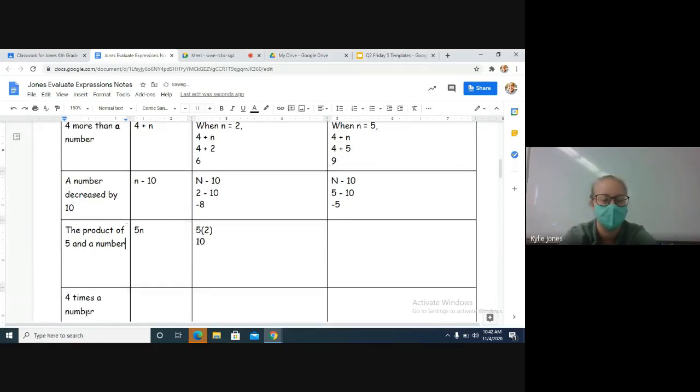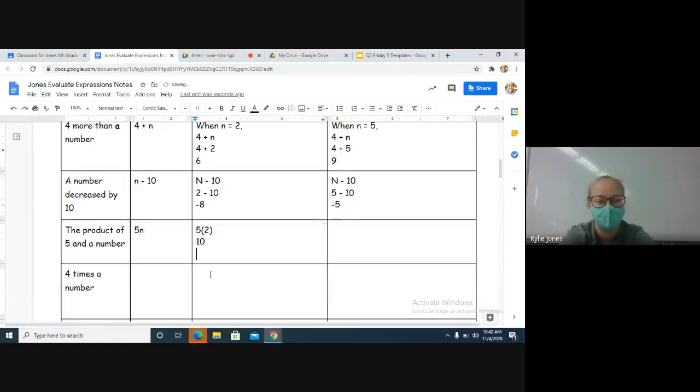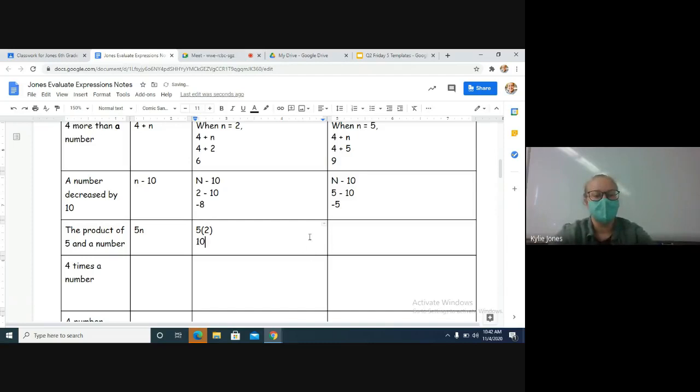Let me get rid of some of these extra lines. All right, so 5 times 2 is 10. In our next box, we're replacing n with what number now? 5. So we have 5n that was originally there.